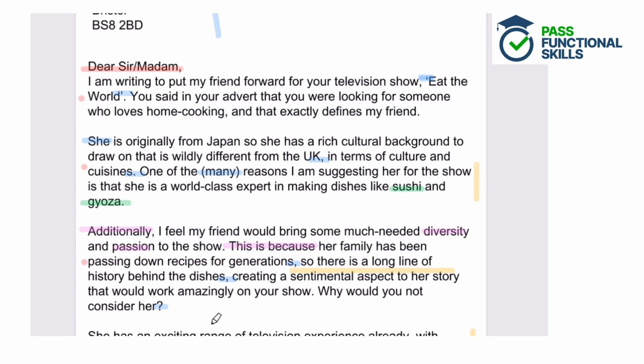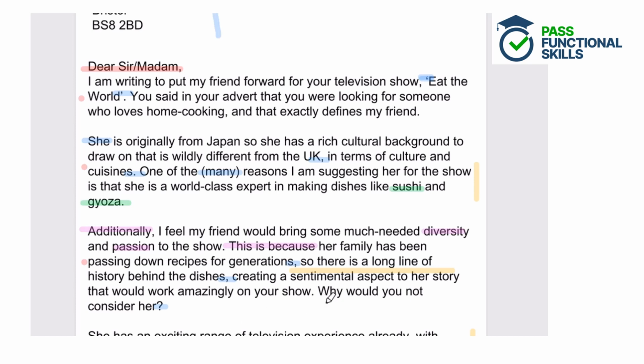And it says, this is because her family has been passing down recipes for generations. So there is a long line of history behind her dishes, creating a sentimental aspect to her story that would work amazingly on your show. So in this sentence here, we're giving a variety of reasons why the friend would bring diversity and passion to the show.